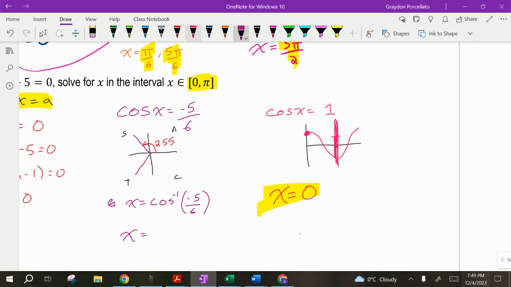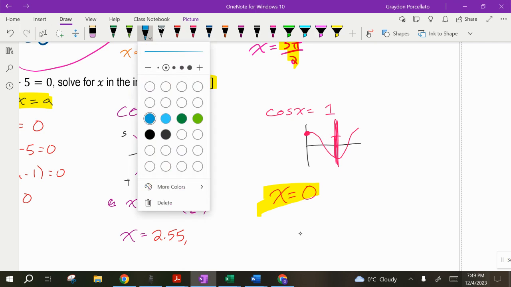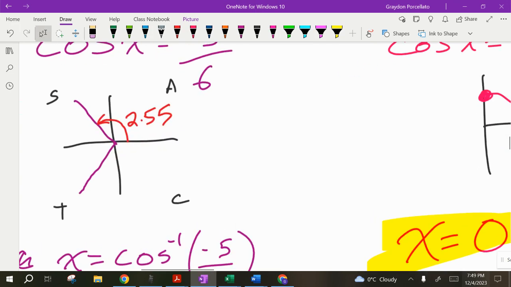So that's 2.55. So either x is equal to 2.55, or we need to find the other angle. The other angle is going to be this big one here. A couple of ways to do this. The way that I'm going to do this is if the angle up there is 2.55, that also means that down here is 2.55. From here to here is 2.55.